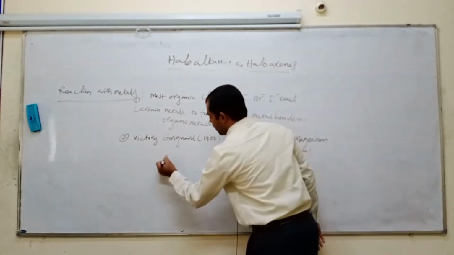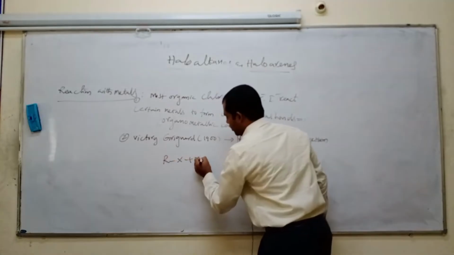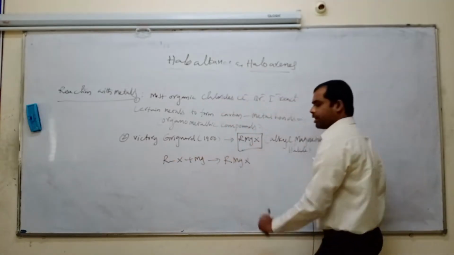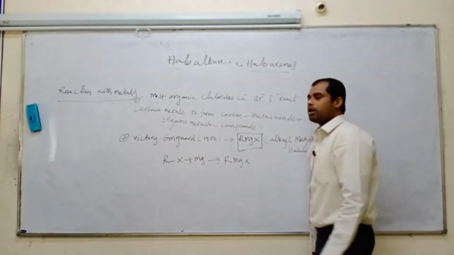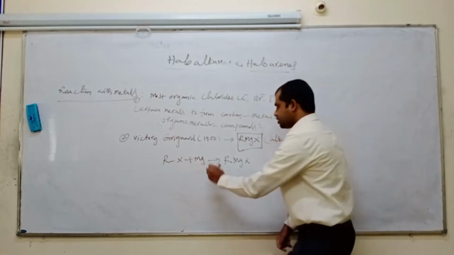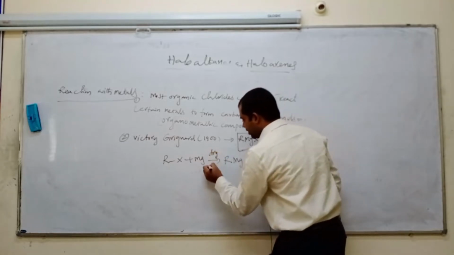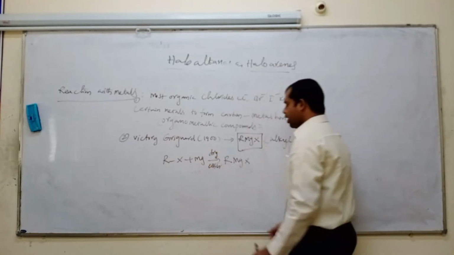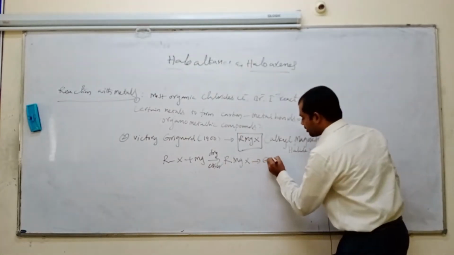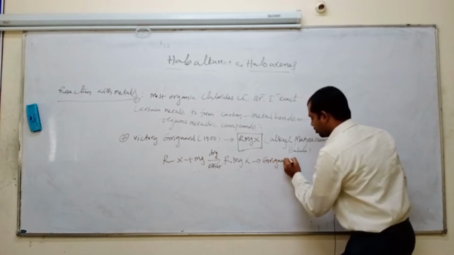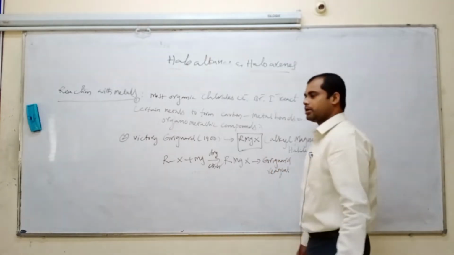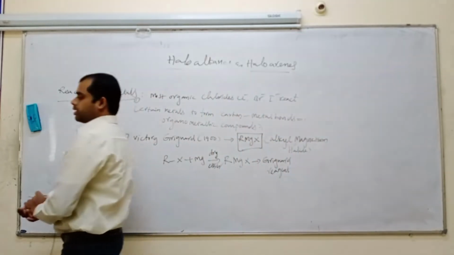He prepared it by reacting an alkyl halide with magnesium in the presence of dry ether to obtain alkyl magnesium halide. This is called Grignard reagent, because Grignard prepared it. Clear?